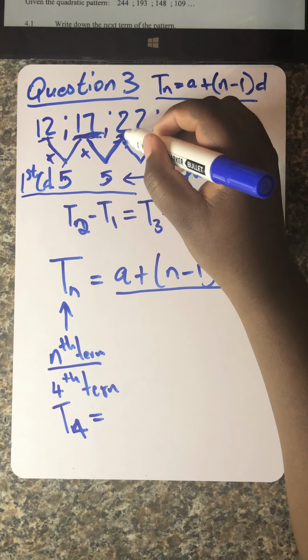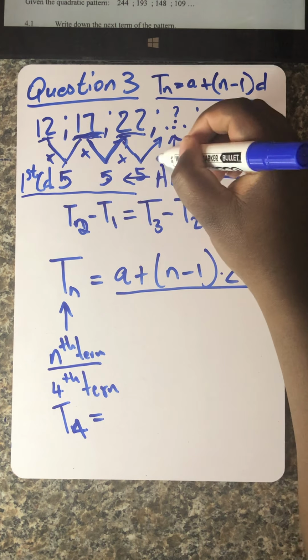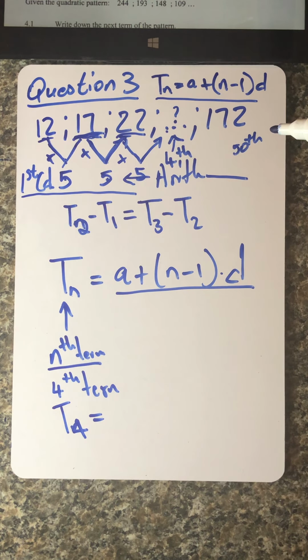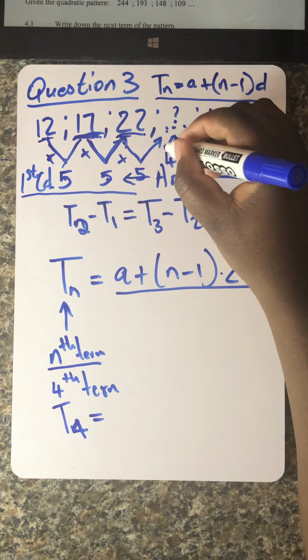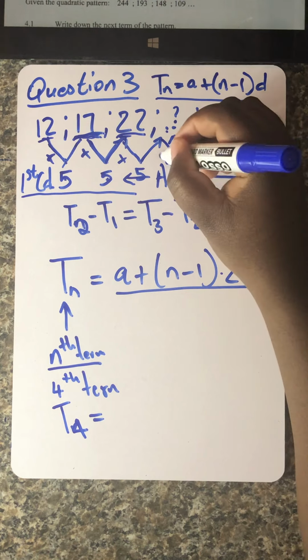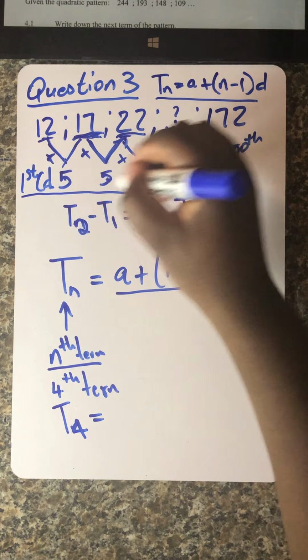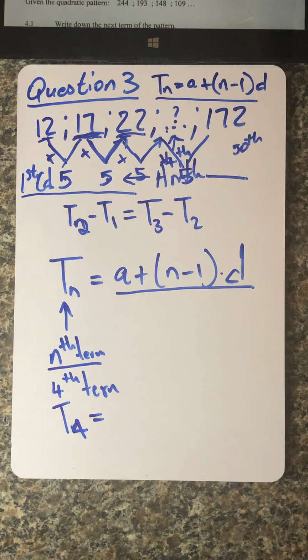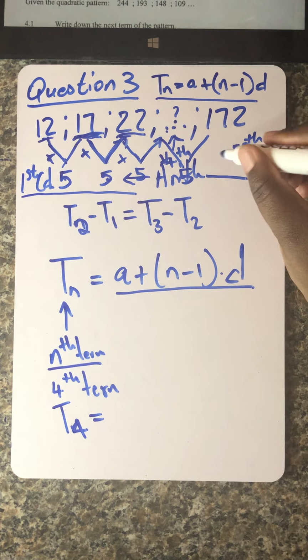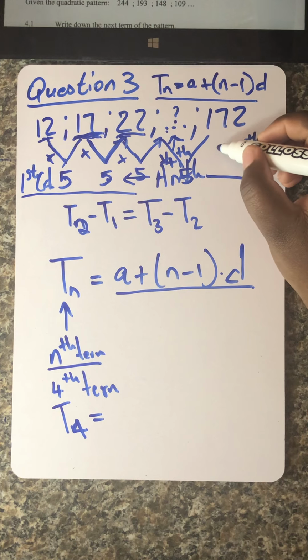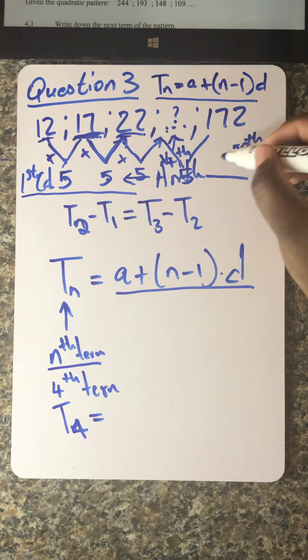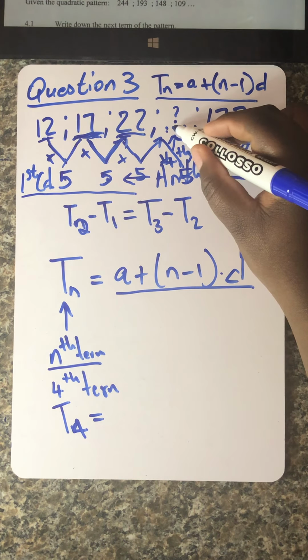So now 22 plus 5 should give you term number 4. If you want term number 5, you just add 5, because 5 is the common difference throughout the entire sequence.